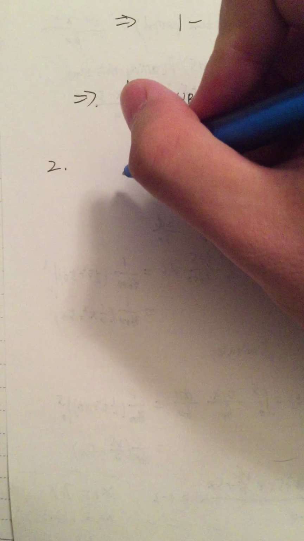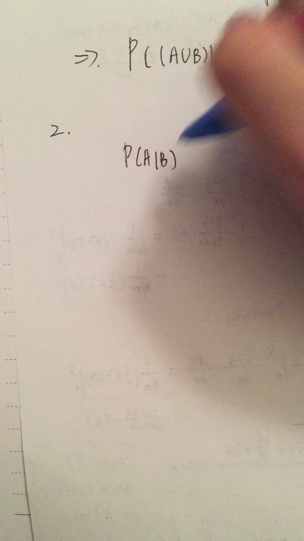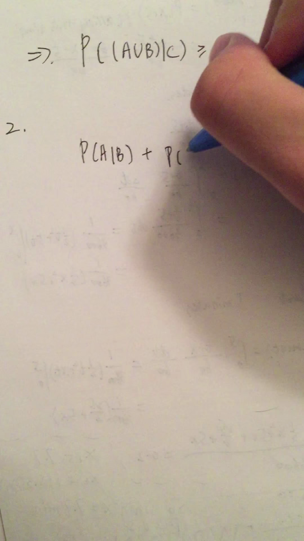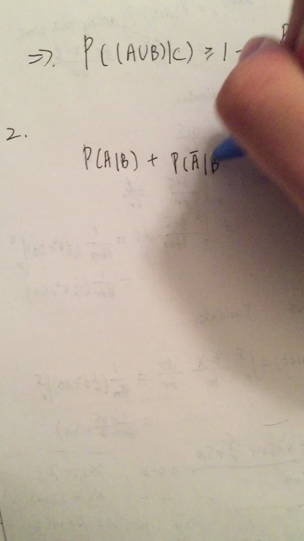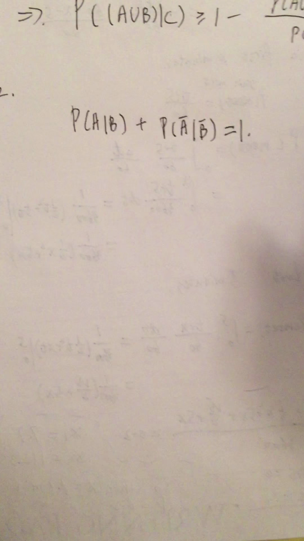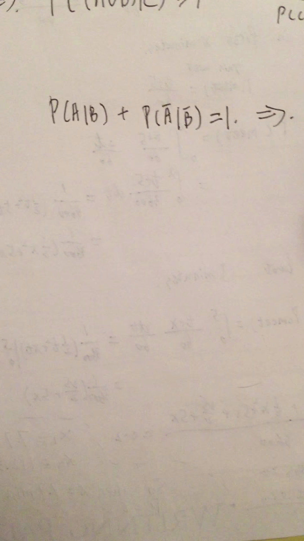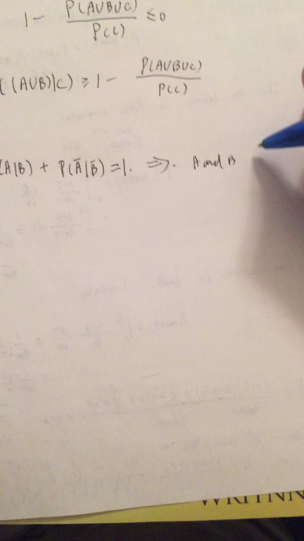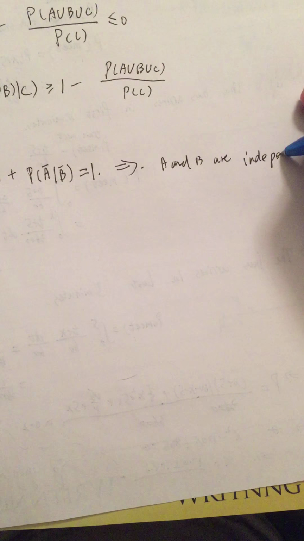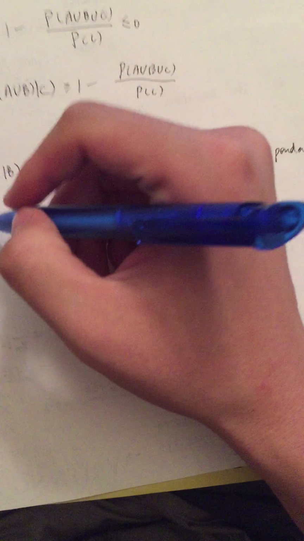Given P(A given B) plus P(not A given not B) equals 1, then we want to prove that A and B are independent.